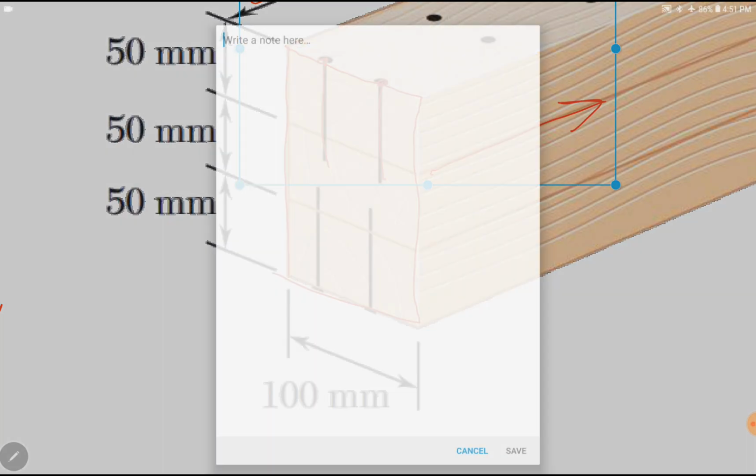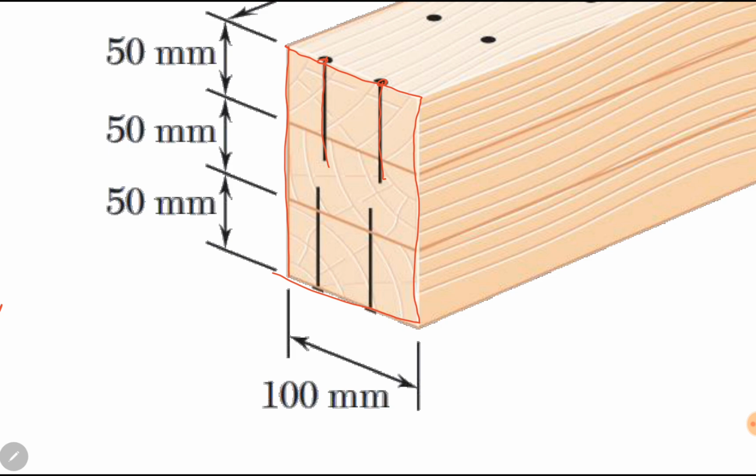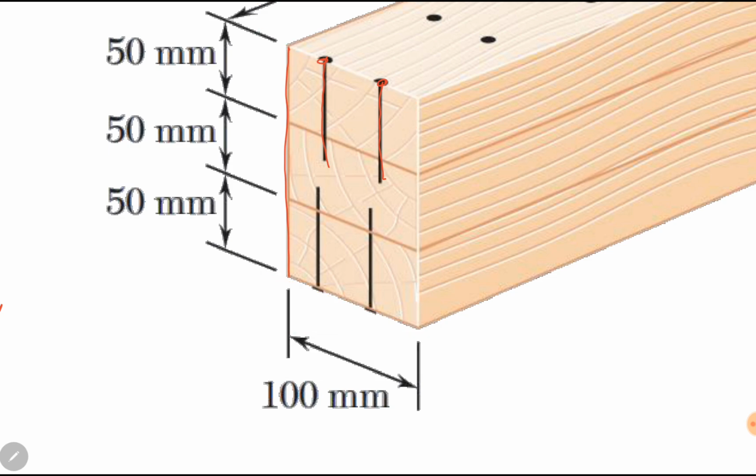Remember that the first moment of area in this kind of problem is always found for the area above the horizontal shear force. Horizontal shear force exists on this line, at the interface of the two wooden boards, and the force exists in the nails.